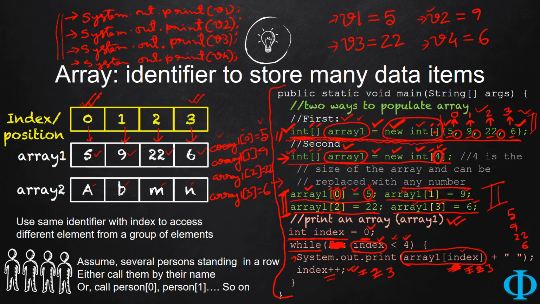So this is how you can print the array using a simple loop, avoiding multiple system.out.print statements. Now in the next video we are going to clarify this example with a simple demo Java program.